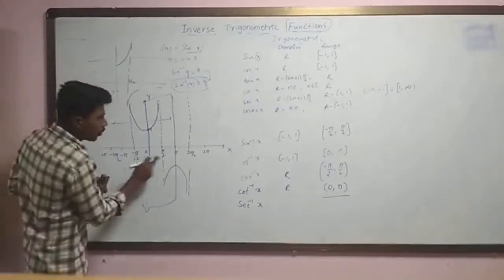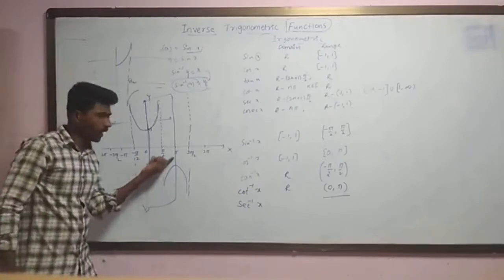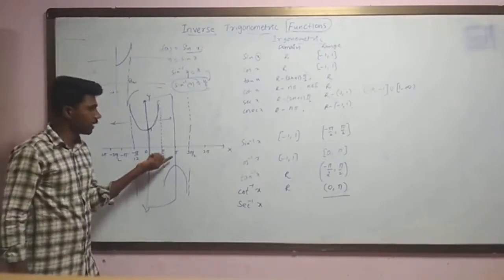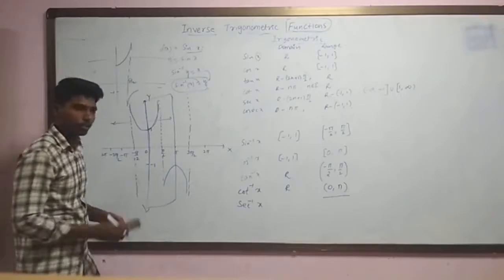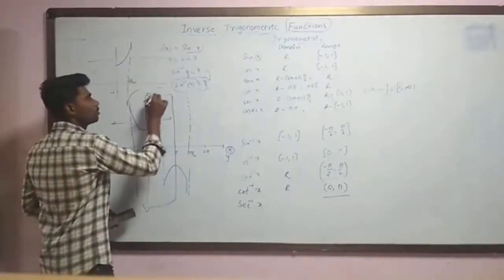So between 0 and pi, secant x acts as a bijective function, so its inverse exists. Whenever its inverse exists, x becomes y and y becomes x.